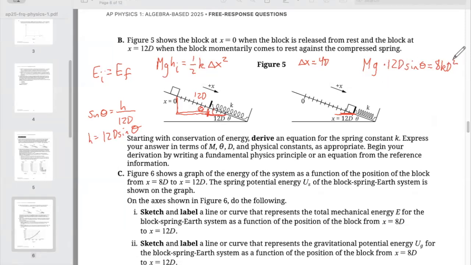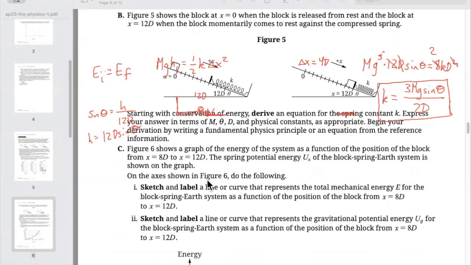So that's going to eliminate one of the d. Your 12 is going to turn into a 3 if you divide it by 4, and the 8 will turn into a 2. So that tells you that spring constant should be 3 mg sine theta over 2d then. And that is in terms of everything that is allowed, which is good.